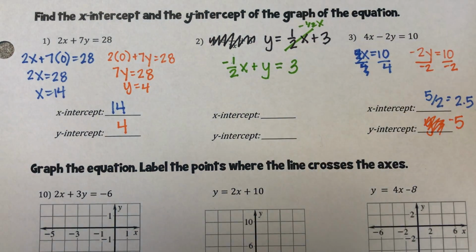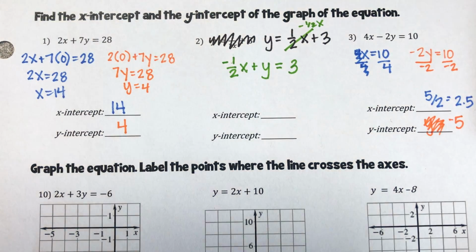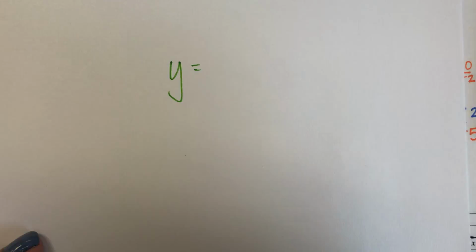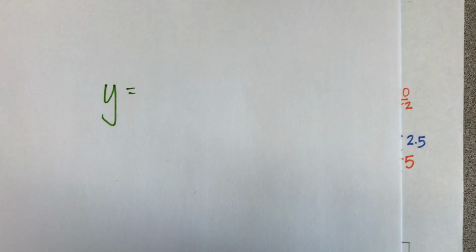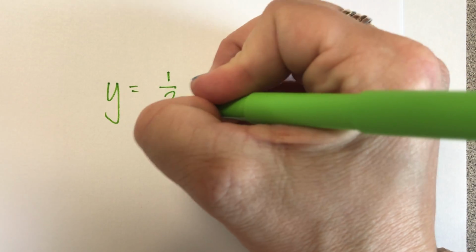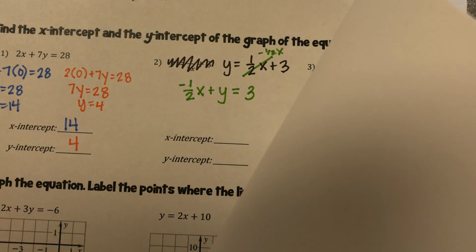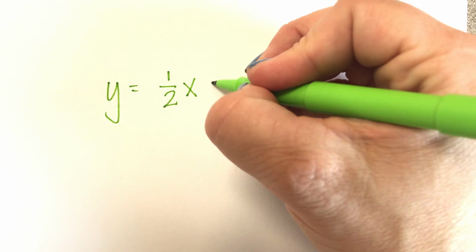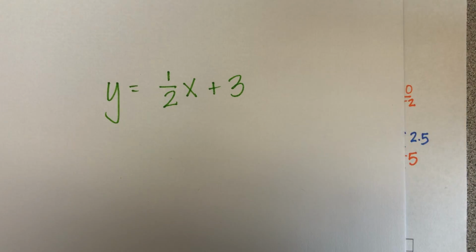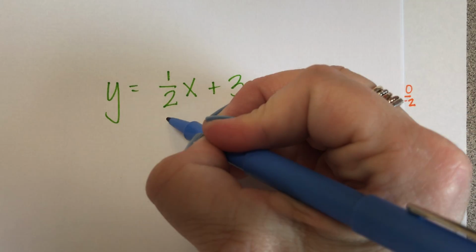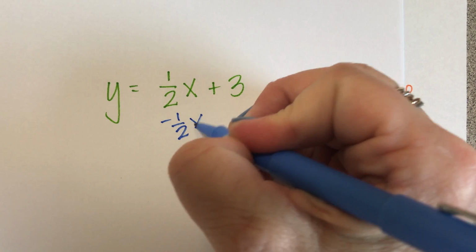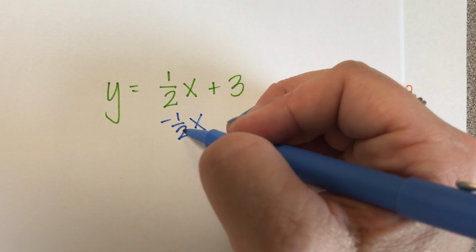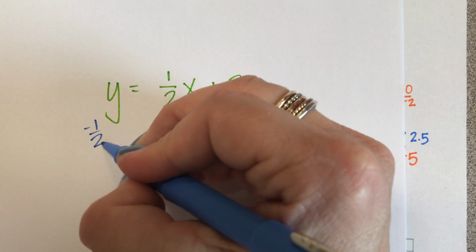Okay, so let me show that to you one more time. So we had y equals, I can't tell if I can see that. There we go. Y equals 1/2 x plus 3. So if I don't want this 1/2 x over here, I'm going to subtract it, because half an x minus half of an x is no x's, right?